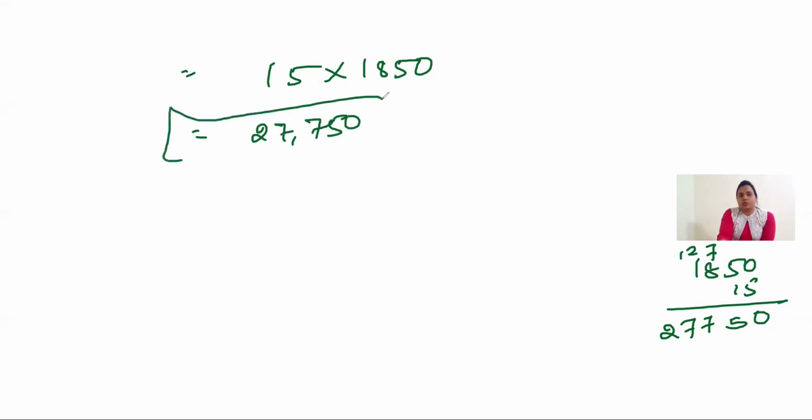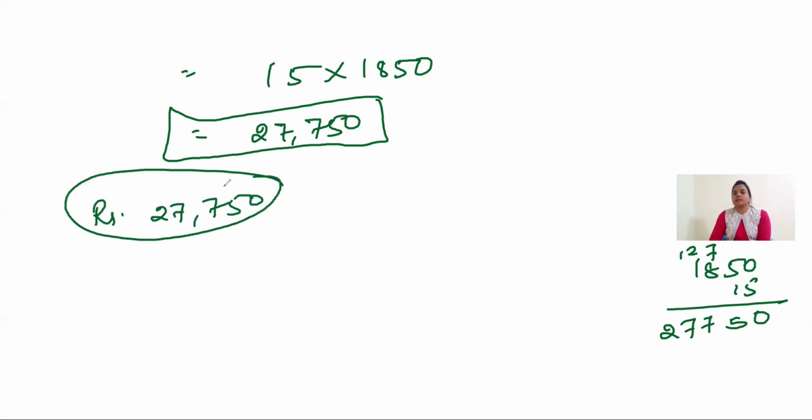It is 27,750. So if he delayed the work by 30 days, he had to pay 27,750 rupees. That is the answer. Clear? So let's move to the next question.